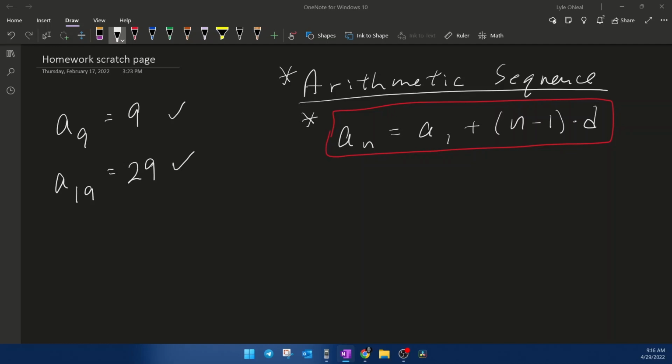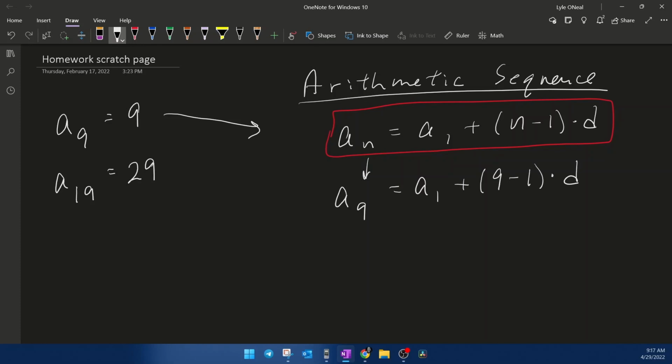up with our solutions. So what I'm going to do is start with the 9th term, and I'm going to say a sub 9, right? The 9th term means that n is 9. It is the first term, which I don't know, plus n. Now, I know what n is. n is 9 in this term, minus 1 times d.